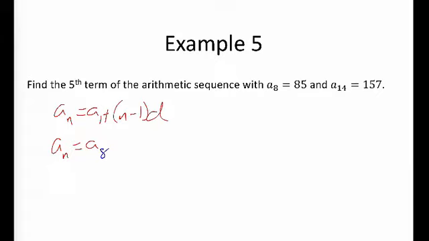So I'm going to change a sub 1 to a sub 8. Continuing the rest of this equation, we got plus n minus. Because we're not using the first term, we changed that 1 to an 8, so we're going to change this 1 to an 8 as well.